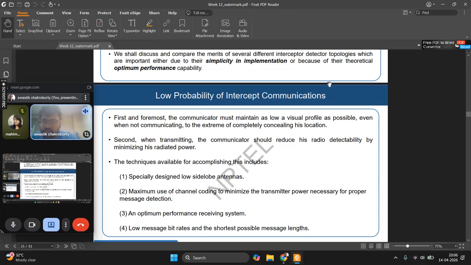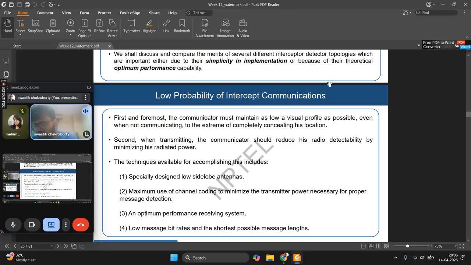The techniques used are specially designed low side lobe antennas. So you will only have antennas with a sharp beamformed radiation pattern, and it will not scatter the energy around hither and thither to get detected by the enemy.